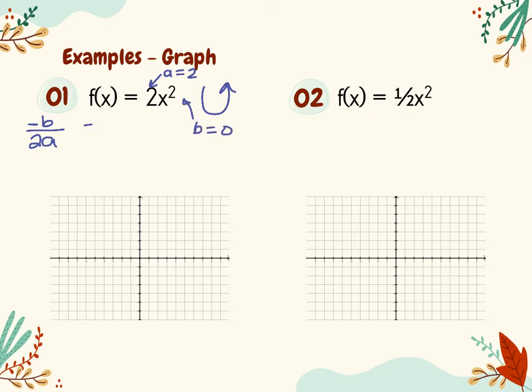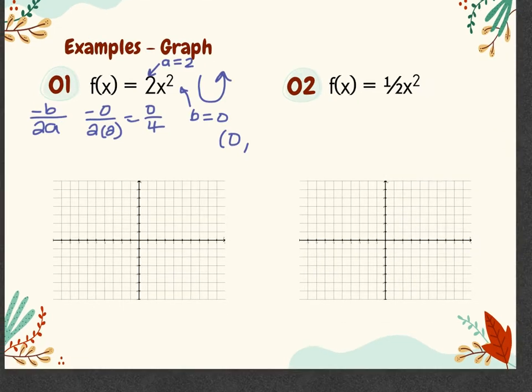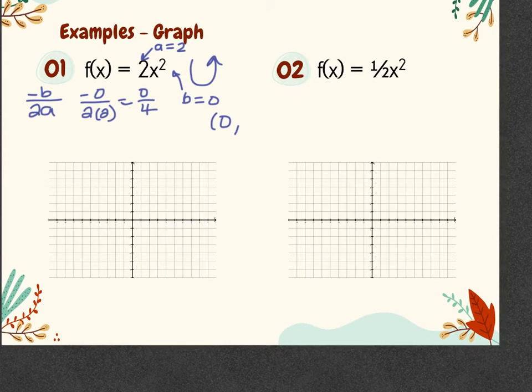So I get negative 0 over 2 times 2, which is 0 over 4, which makes sense because we already said we know our x coordinate of our vertex is going to be 0. Take that, plug it back in. Now f of x is the same thing as y, so I say y equals 2 times 0 squared, and y is 0. So again, confirming what we said, that our vertex should be 0, 0.